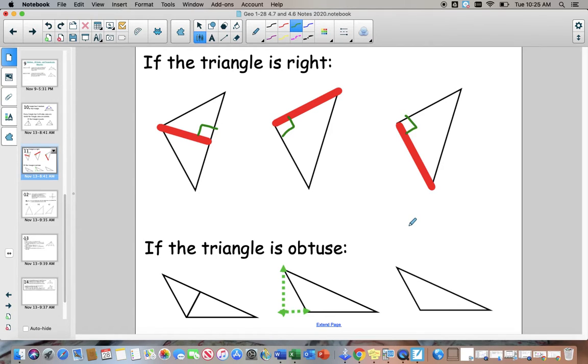Let's get that off there. Sorry, we're frozen for a second. There we go, that looks a little better.